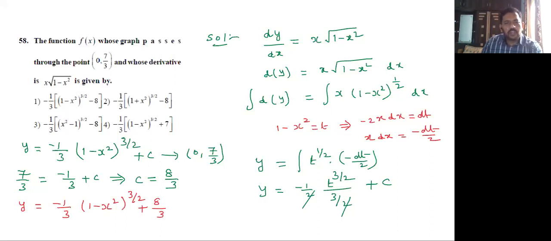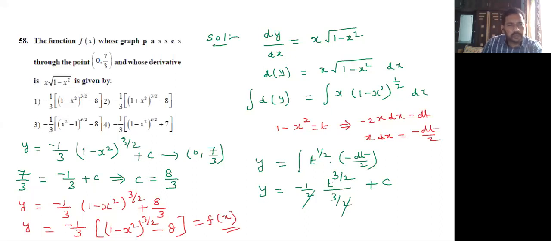By observing the options, take minus 1 by 3 common. Remaining is 1 minus x square whole power 3 by 2 minus 8. This is the y function, that means the f of x function. f of x is equal to y only. So here I am writing f of x.